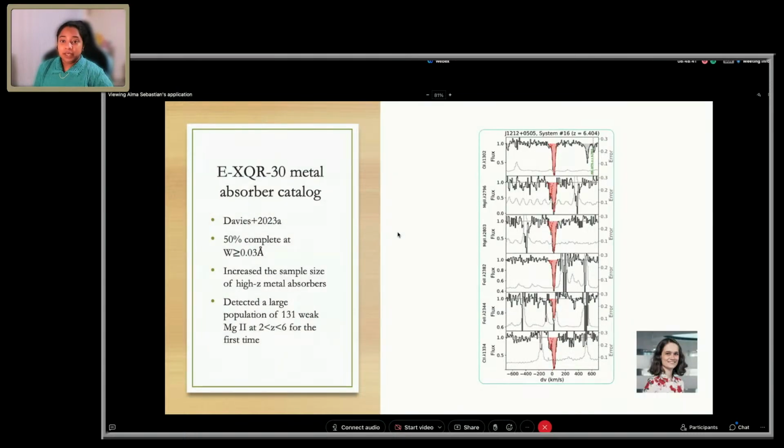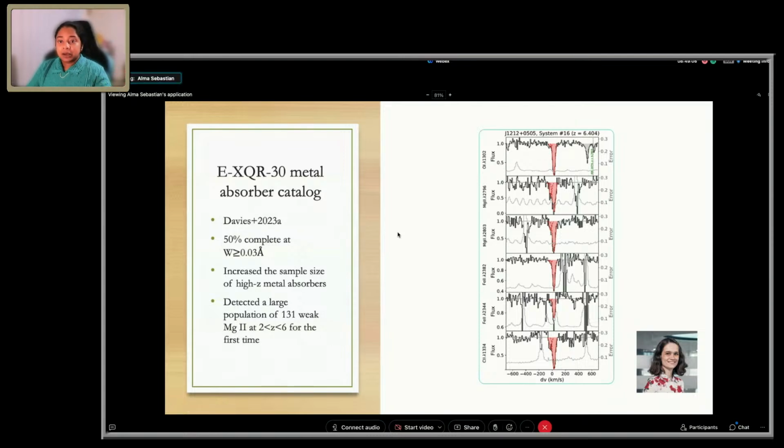Using data from EXQR30, Rebecca Davis prepared the amazing XQR30 metal absorber catalog, which detected around 778 absorption systems at redshift between 2 and 6. Our sample has a 50% completeness limit at an equivalent width of 0.03 angstrom.